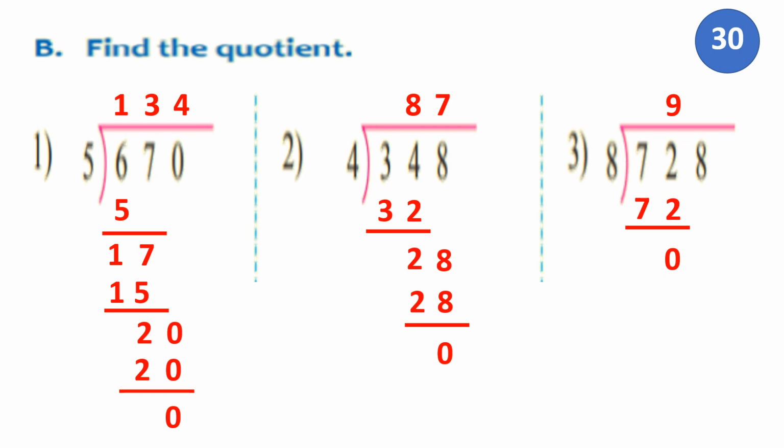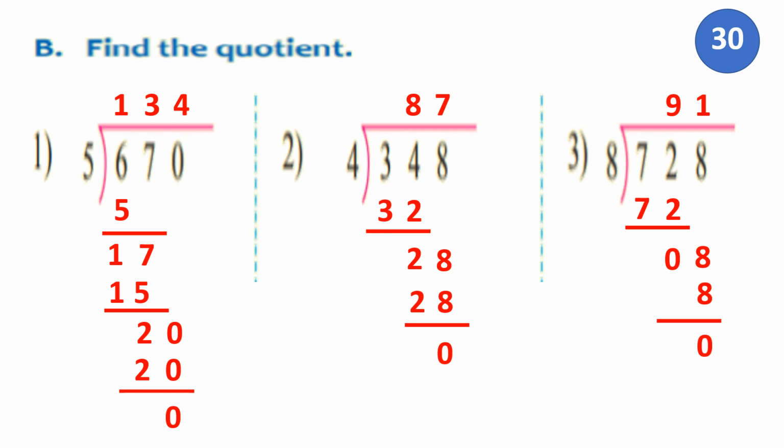This is not your last answer because you have the next number here, 8. Then 8 divided by 8 is 1. Then 8 times 1 is 8. Minus 8 is 0.